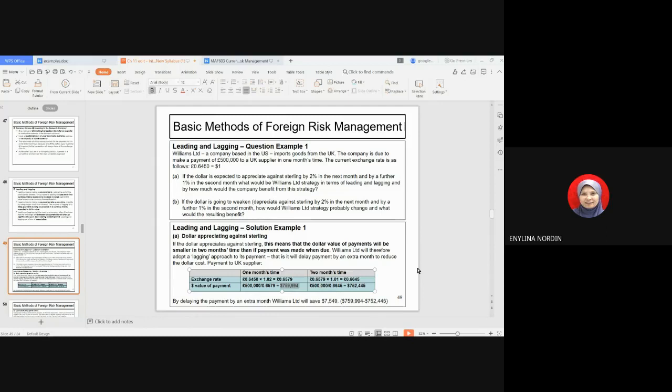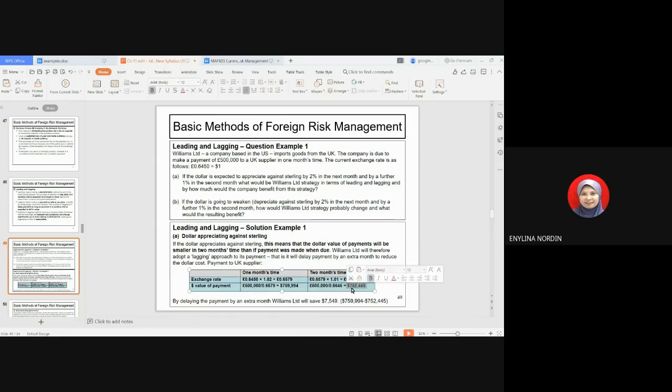So 500,000 pound, you divide by this latest rate, 0.6645, and then it's equivalent to $752,445. So that means there will be less dollar to be converted into pounds, that is equivalent to 500,000 pounds.